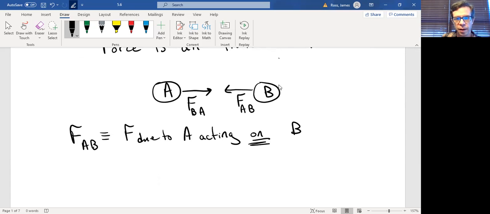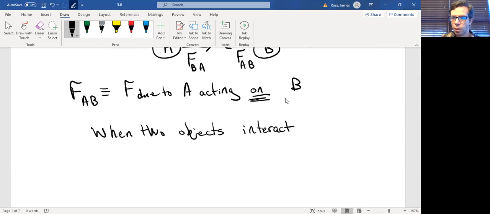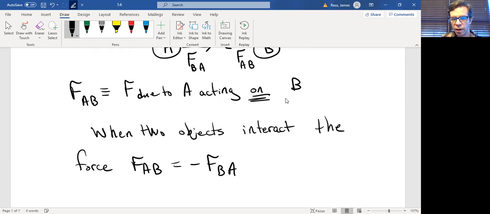Newton's third law says that when two objects interact, the force of object A acting on B is equal to minus the force of object B acting on A. You may have heard this called equal and opposite, right?